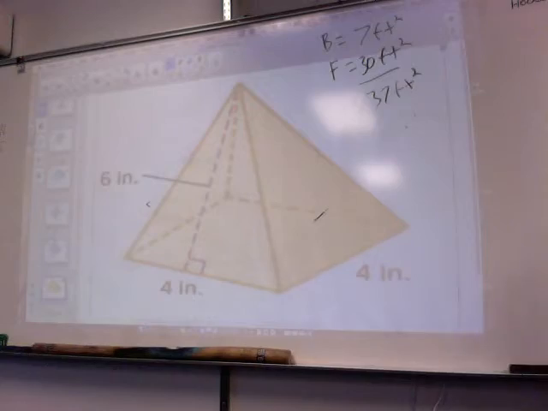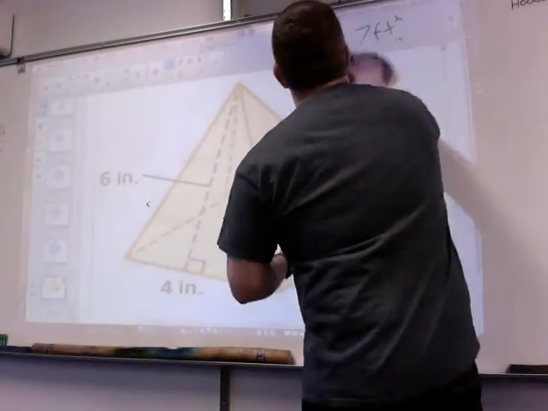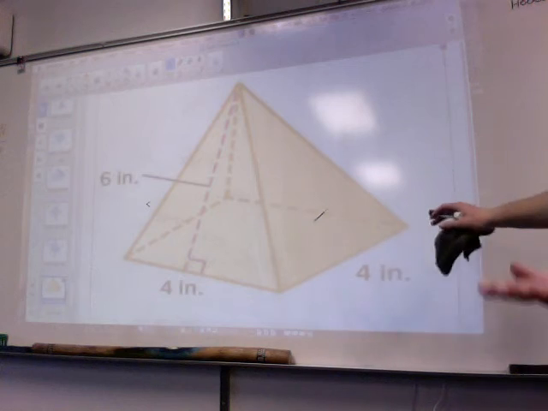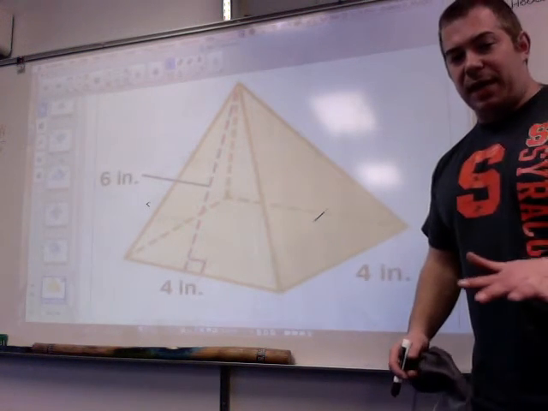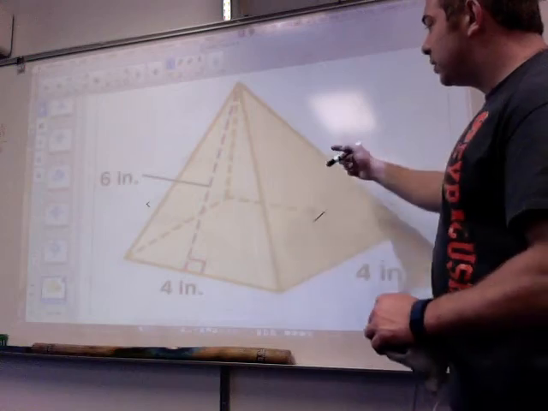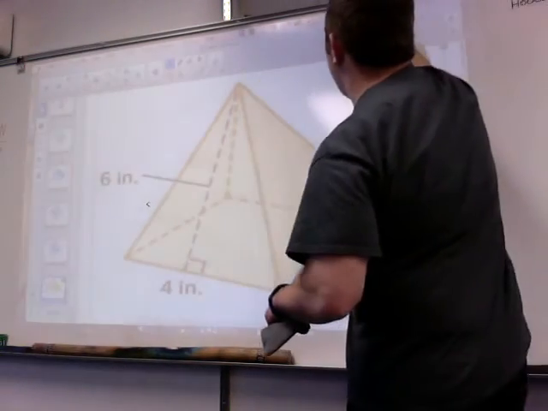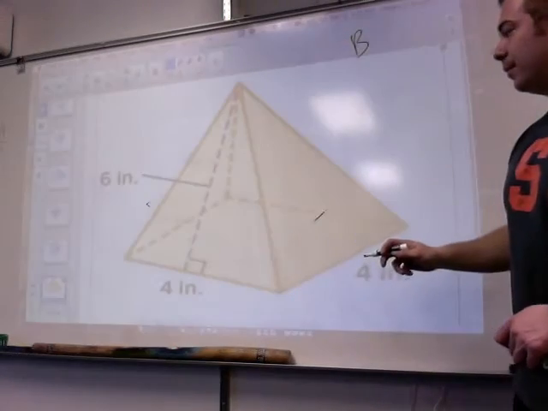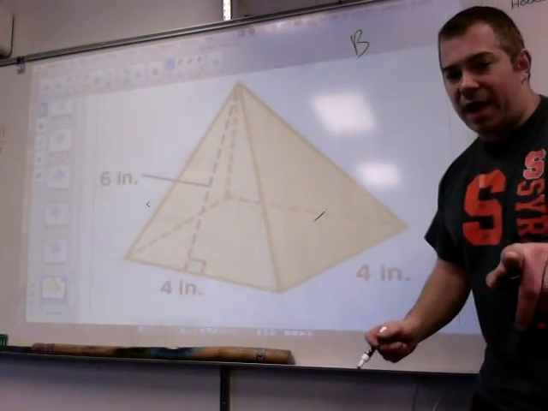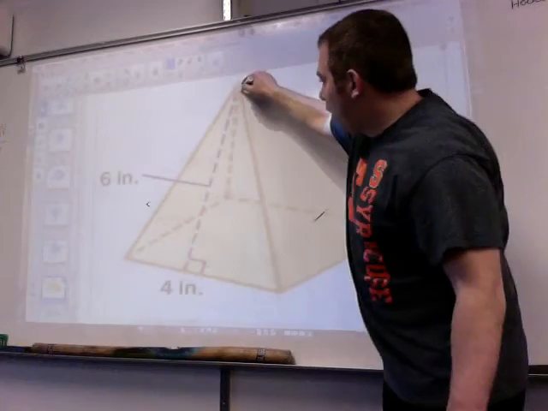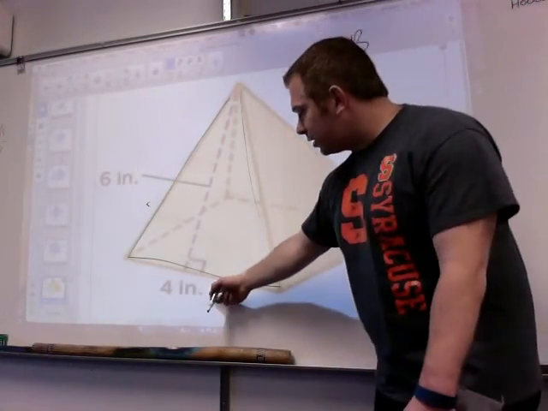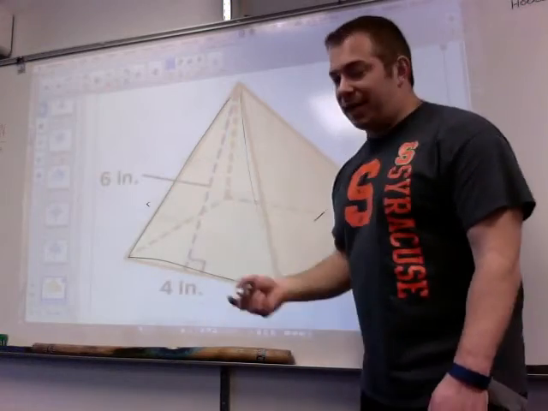All right, so I left you with only one question for your homework. Just one. I picked one with no decimals, so I expect you to be able to do it. Remember, to find the total surface area, get your big base, which you can see right there. It's a rectangle. If it's a rectangle, it means you're going to have 4 lateral faces. And here's one lateral face right there, and you can see your base is 4, your height is 6.